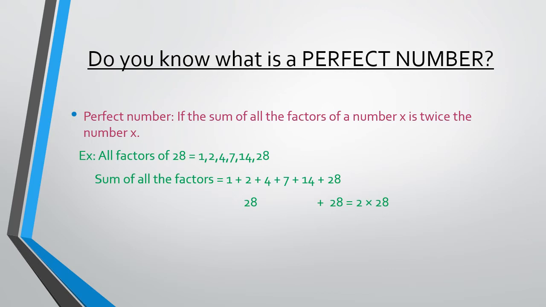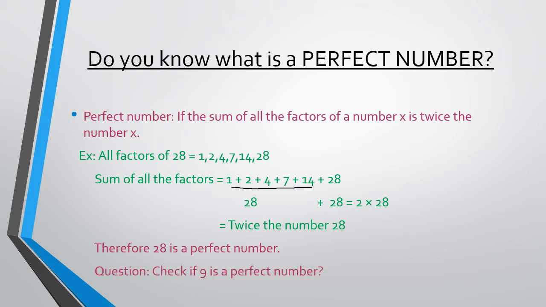Now, when I add all the factors of 28, I get 28 plus 28, that is twice the number 28. So 28 is said to be a perfect number. Alright, that is when we add the factors of the number 28, the result will be twice the number 28. Now I want you all to check if 9 is a perfect number.